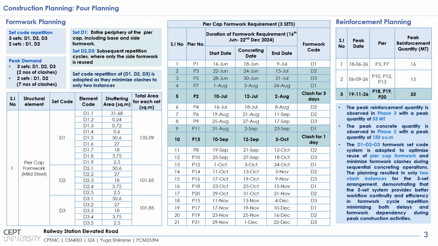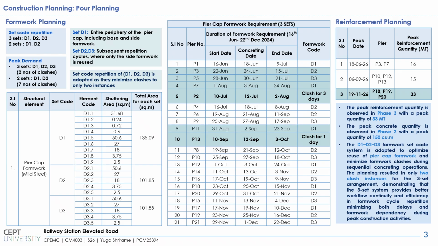From the analysis based on the scheduling on MSP and the work quantities calculated by us, it was found that when opting for 3 set repetition, there were 2 instances wherein clashes occurred, that is, simultaneous demand for formwork was obtained. The first instance was a clash for 3 days and the second instance was a clash for 1 day. So in all there was a clash for 4 days when opting for 3 set repetition.